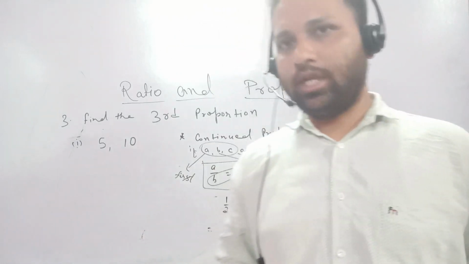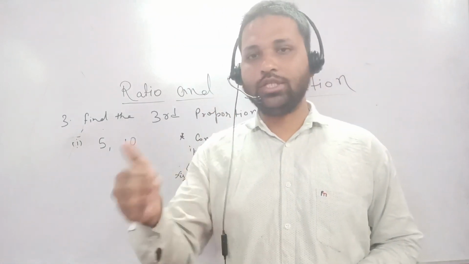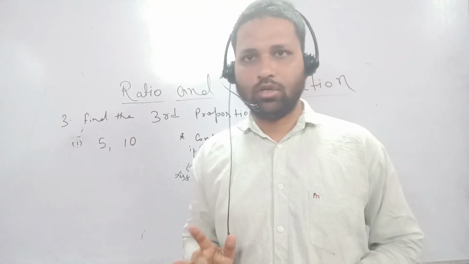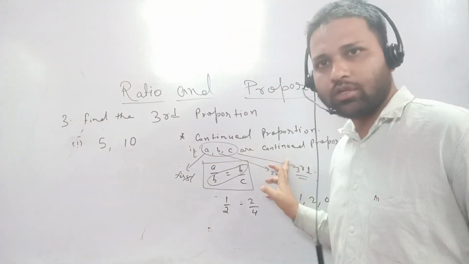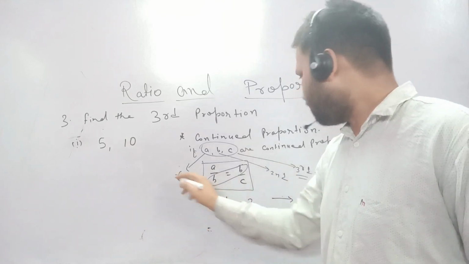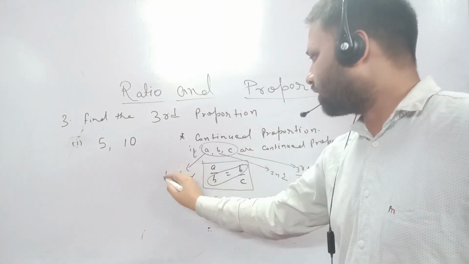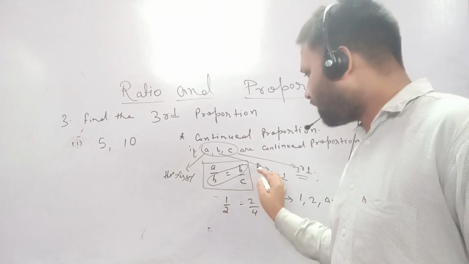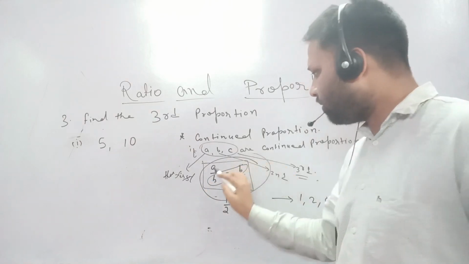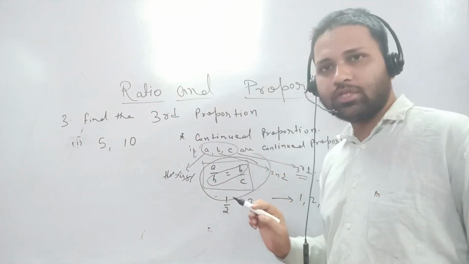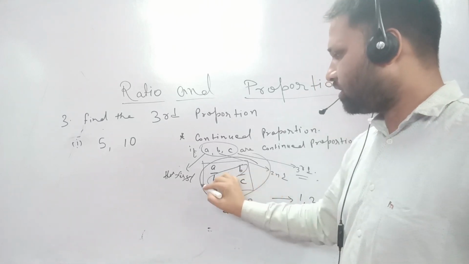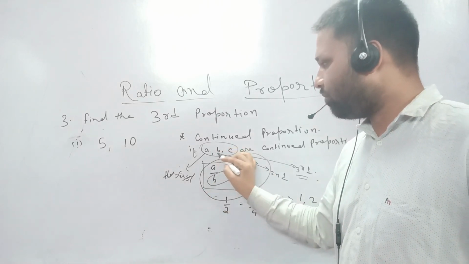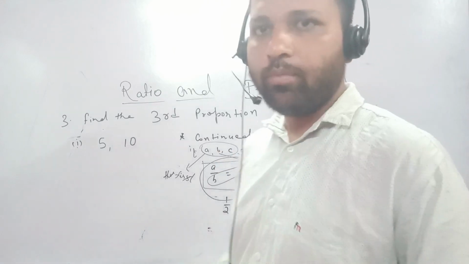Okay, if and only if A by B is equal to B by C. If A, B, C are in continued proportion, then that condition is necessary: A by B is equal to B by C. Or if A by B is equal to B by C, then we can say that A, B, C are in continued proportion.